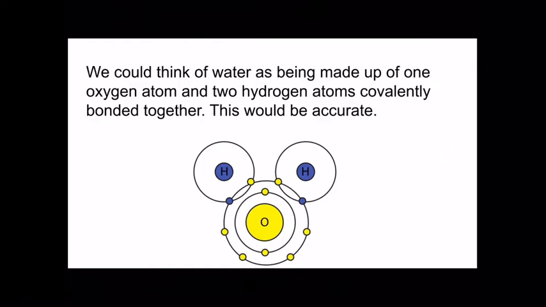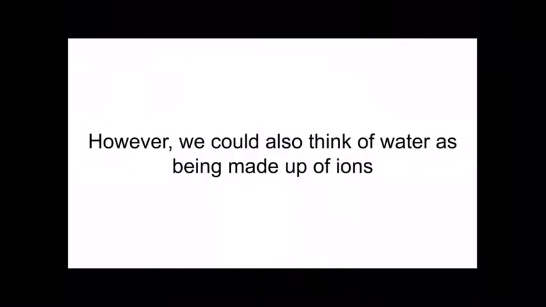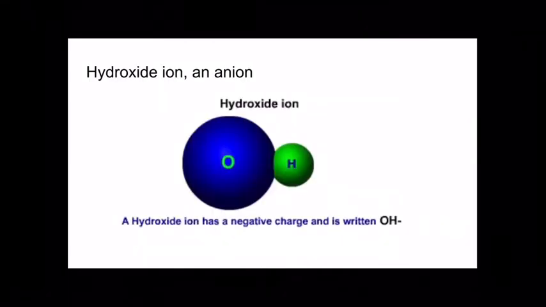So the number of hydrogen and hydroxide ions is equally balanced in water. We could call water water, we could call it H2O, we could call it HOH, or hydrogen hydroxide. So HOH, hydrogen hydroxide, would be ionic water, where there's one covalent bond and one ionic bond holding it together.